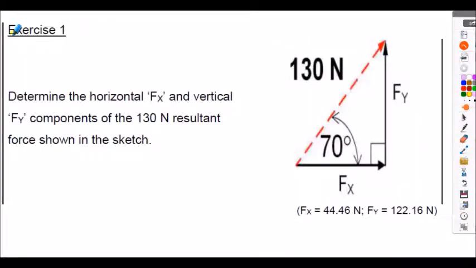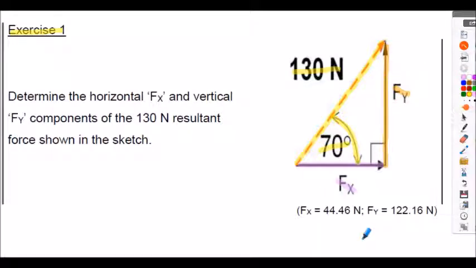Here's exercise 1 for you to attempt. Very similar kind of problem. We're given the resultant force shown here of 130 newtons, and we're given the angle of 70 degrees. So what you have to do is again work out the Fx, the horizontal component of the resultant force, and the Fy, the vertical component of the resultant force.